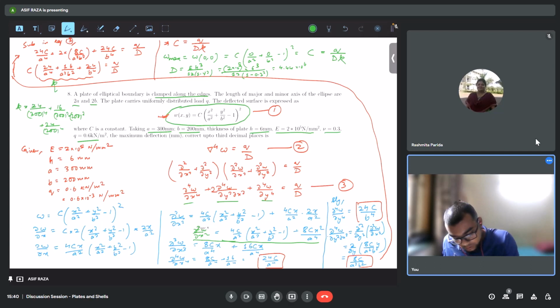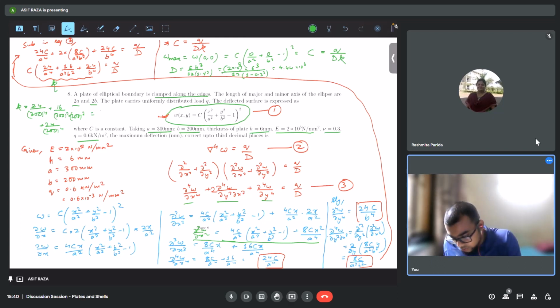So this will be equal to 24 divided by 300 to the power 4 plus 16 divided by 300 square 200 square plus 24 divided by 200 to the power 4.